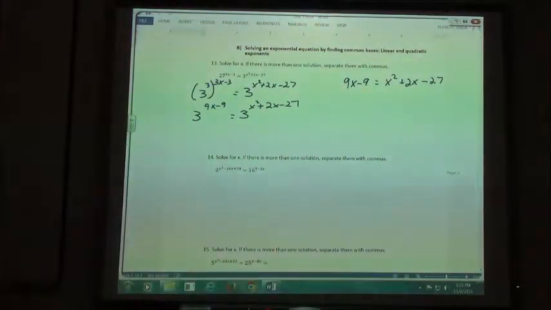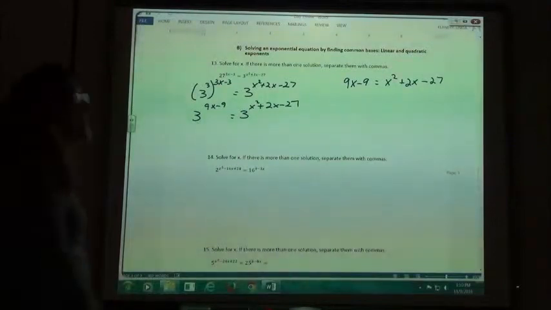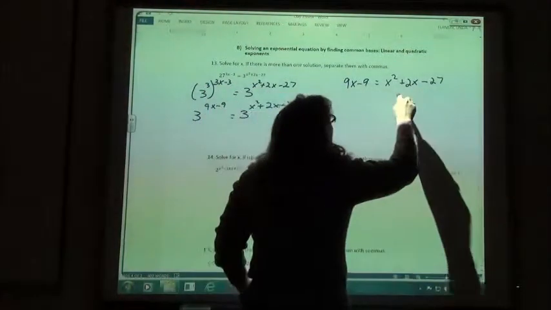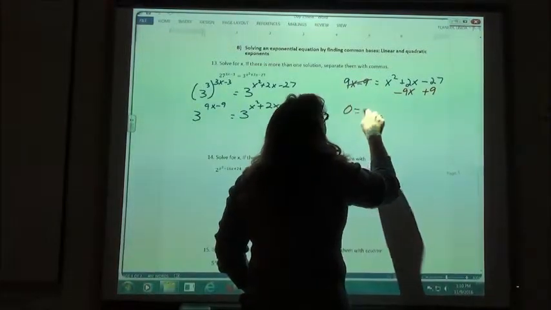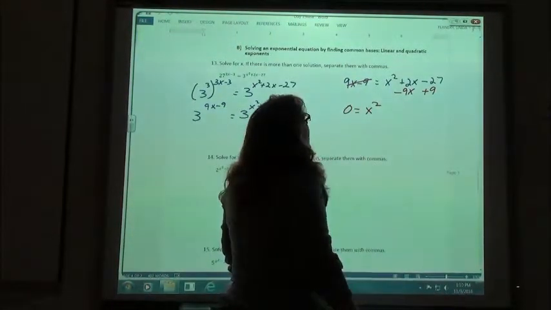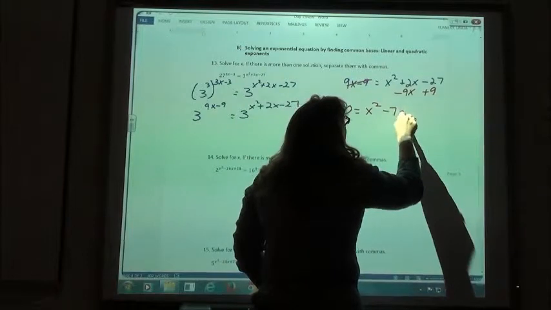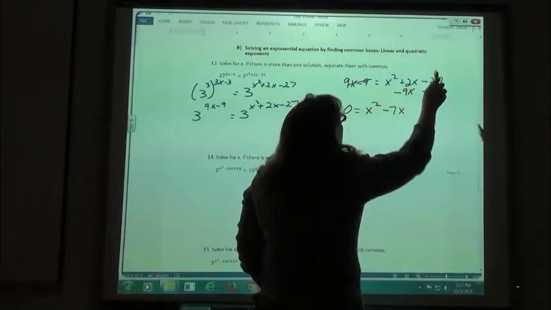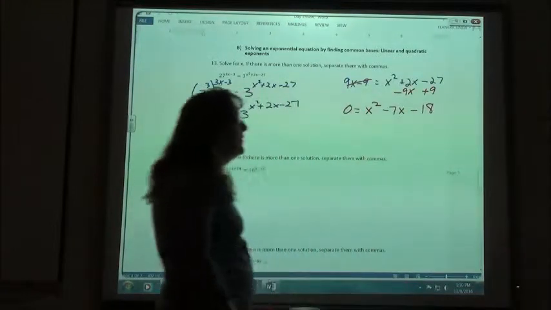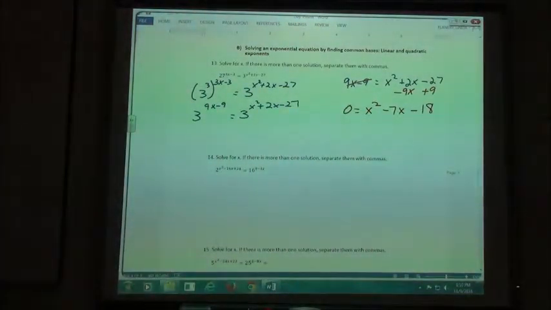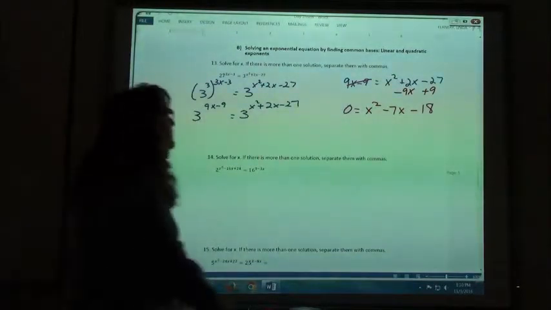So if I want to solve that, I have to set it equal to 0 because I have a quadratic expression. So I'm going to subtract my 9x and add my 9. So 2x minus 9x would be negative 7x. Negative 27 plus 9 is negative 18, right? And I got to factor that out.